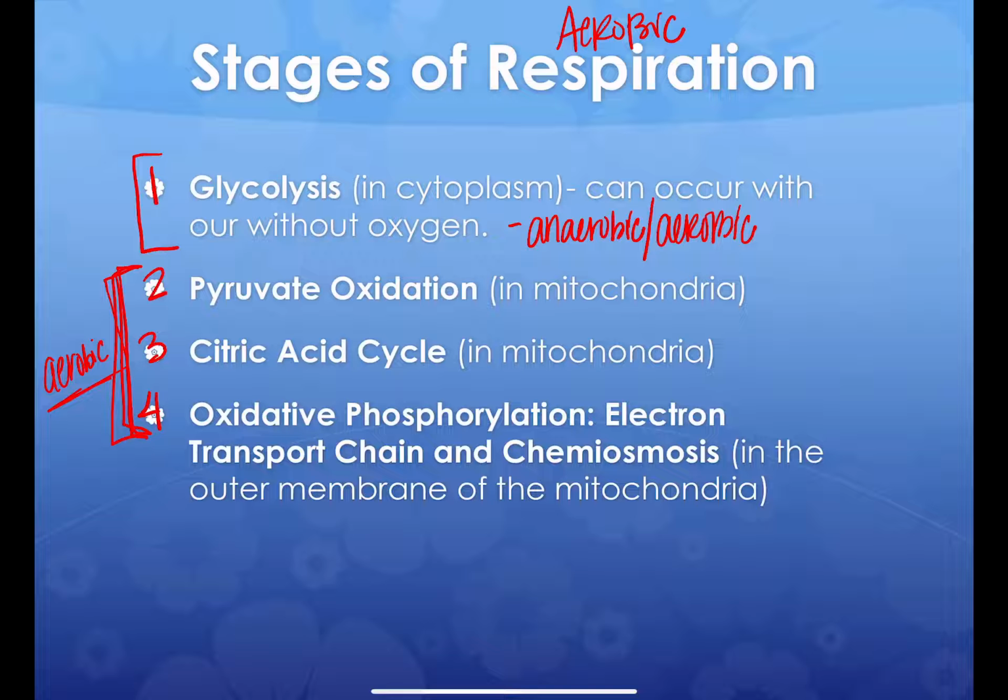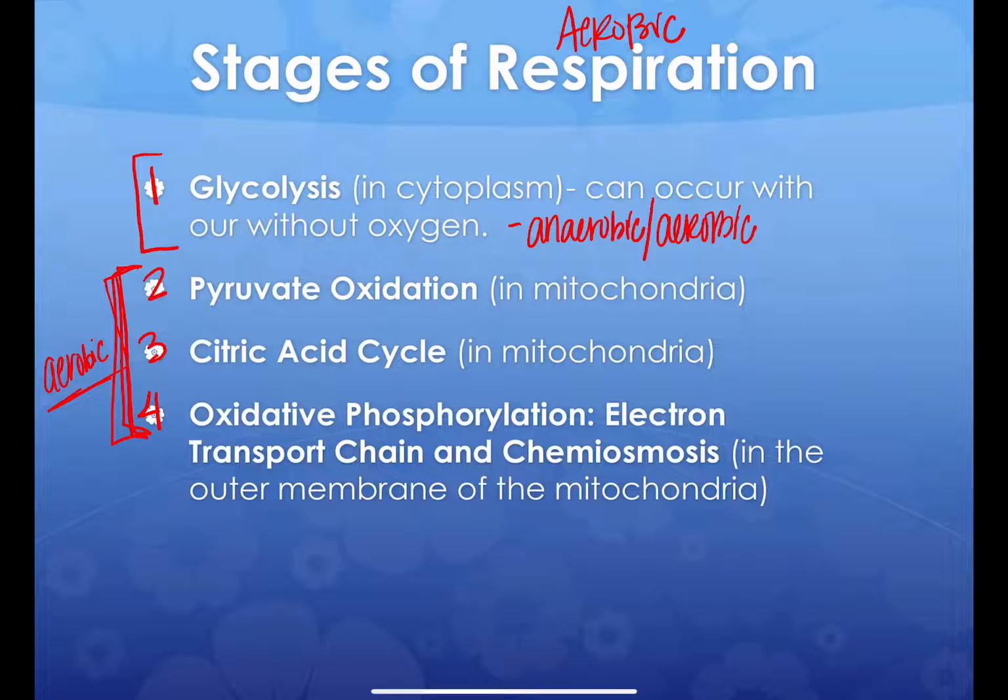Eukaryotic cells, meaning they have a nucleus, are the ones that have all the organelles. Prokaryotic cells are like our bacteria that don't have very many organelles, and so they don't have a mitochondria, but they still do cellular respiration because they still acquire energy and they still need ATP.